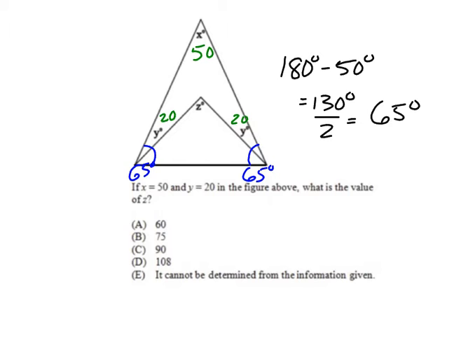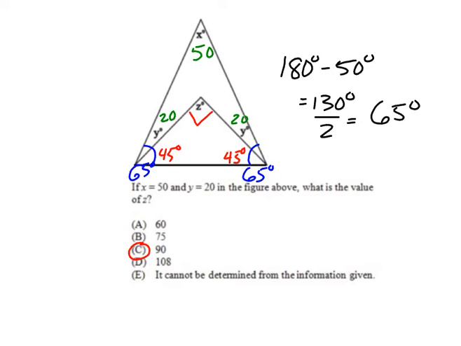So if that's the case, that means that these two are 45, which leaves my angle z, which is what I'm looking for, to be 90 degrees, because that smaller triangle, the red marks, have to also add up to 180. So using labels on your diagram is a great way to get this done.